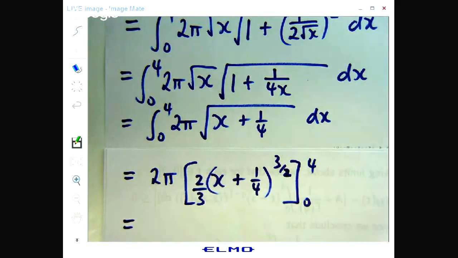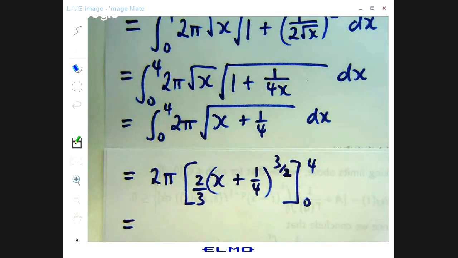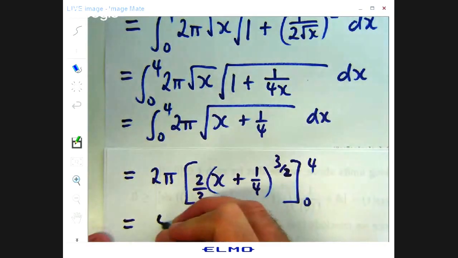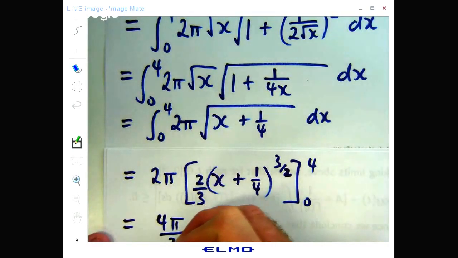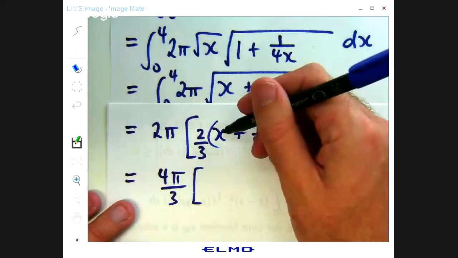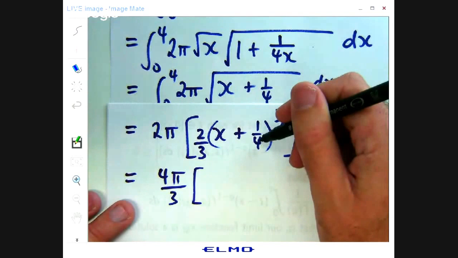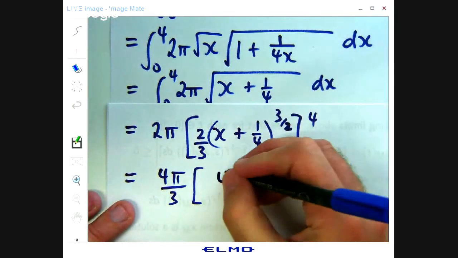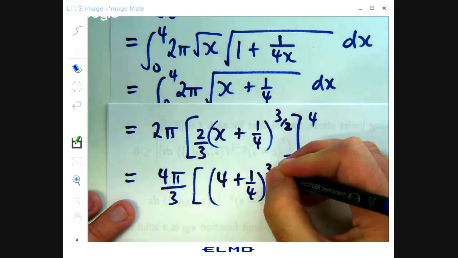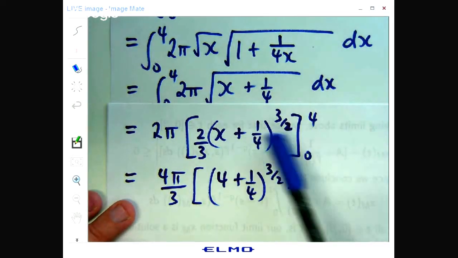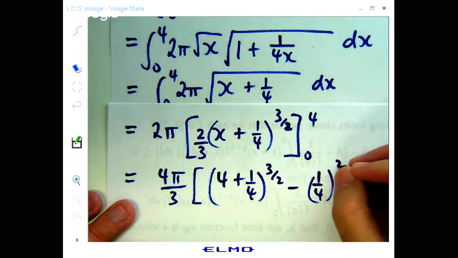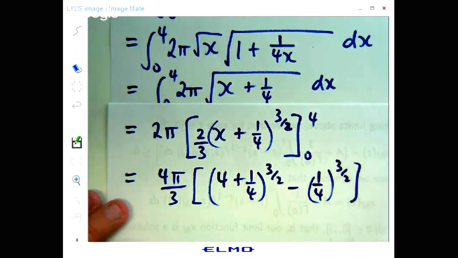So we have, so the 2 on 3 can come to the front, so that'll be 4 pi on 3. And let's put in the numbers. So I'll get 4 plus 1/4, minus, you replace x with 0, so you get 1/4 to the 3 on 2.